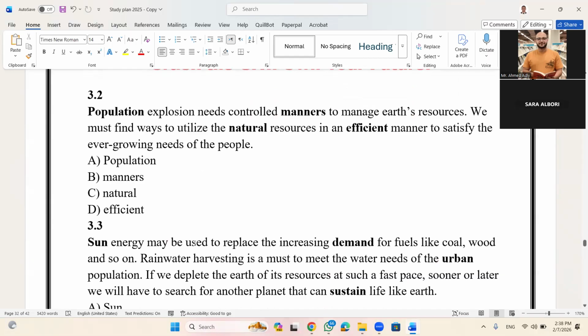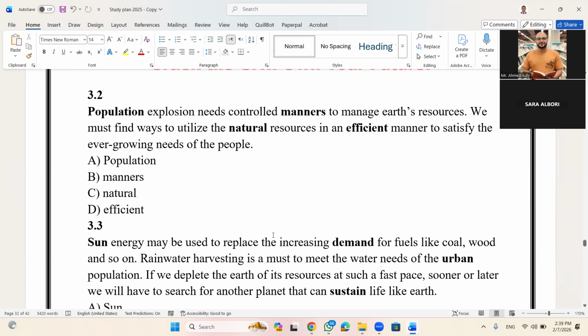Population explosion needs controlled manners to manage Earth's resources. We must find ways to utilize the natural resources in an efficient manner to satisfy the ever-growing needs of the people. You'd better break this paragraph into simple sentences.